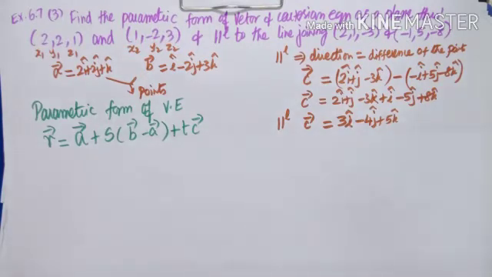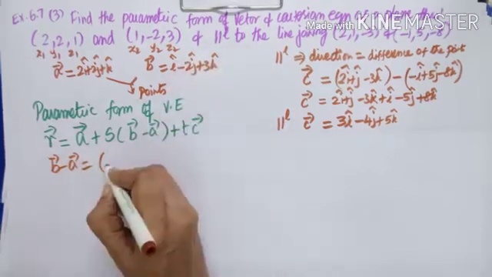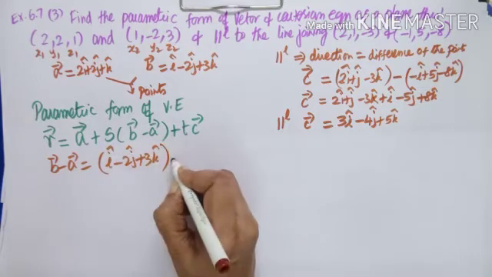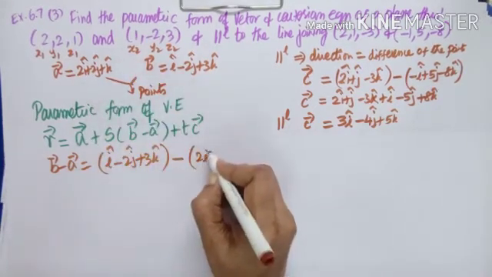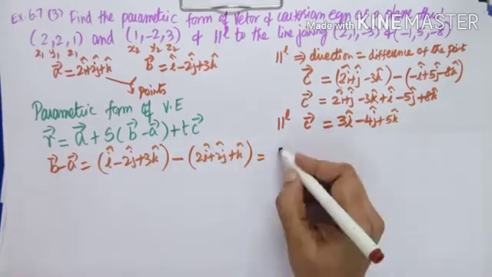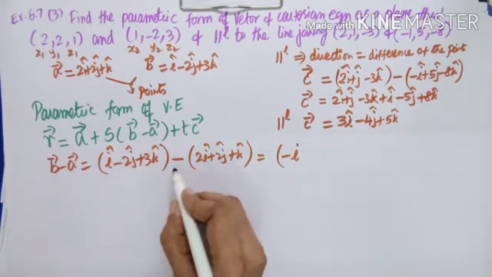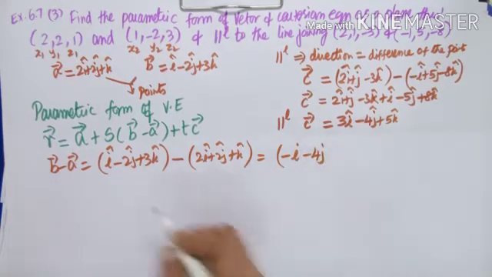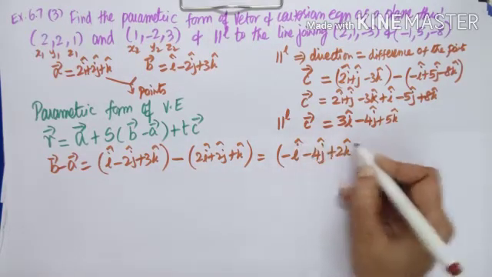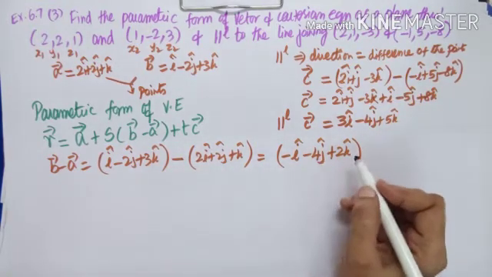Let me find out what is B minus A. Just subtract B vector i minus 2j plus 3k minus A vector 2i plus 2j plus k. As I subtract, i minus 2i, minus i; minus 2j minus 2j, minus 4j; 3k minus k is 2k. Or you can do with steps like this, or you can do directly. It's up to your speed.